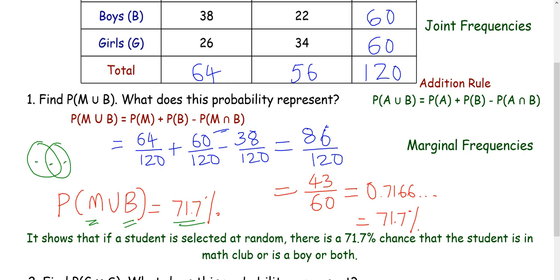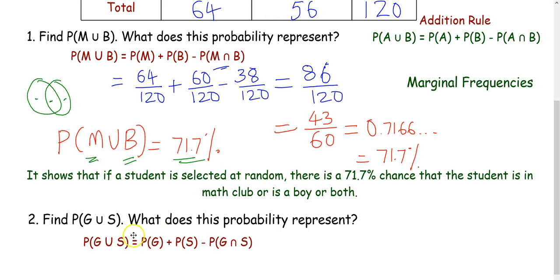That is what this number 71.7% tells us. Now following the same process, we can find P of G union S, and you can write about the result.